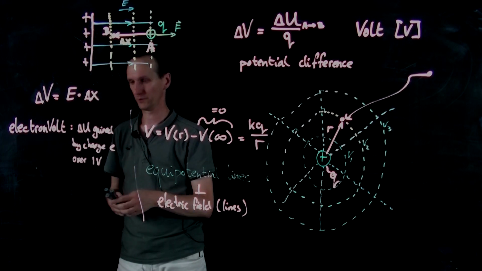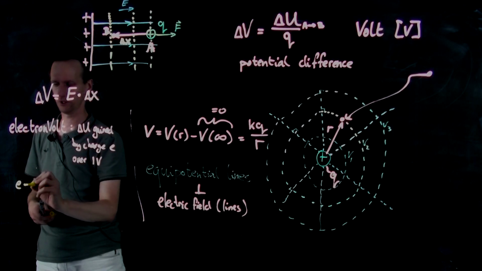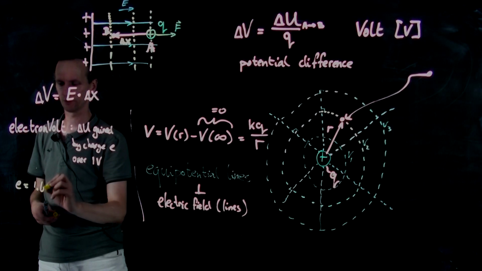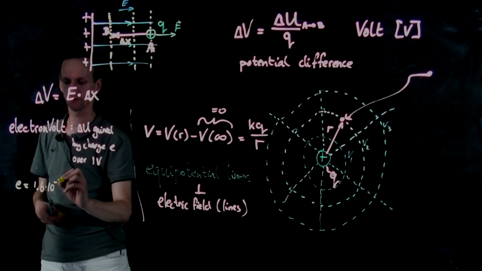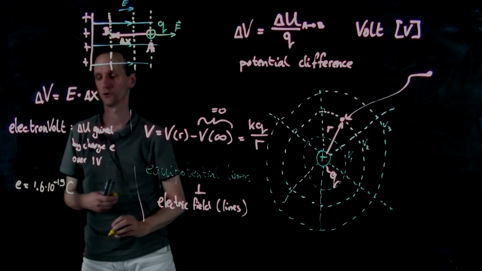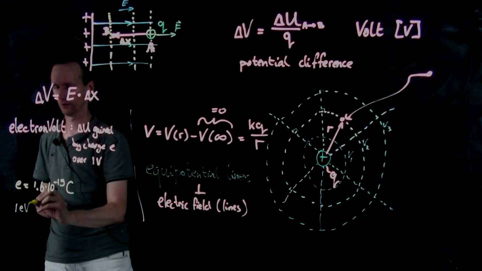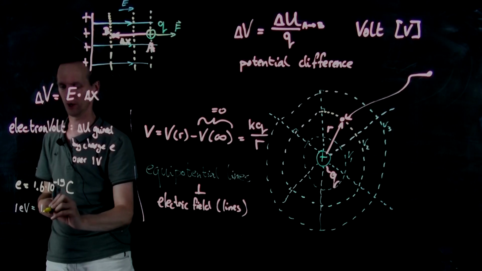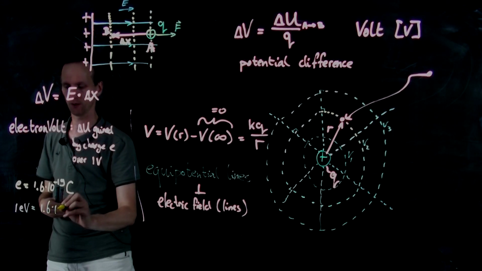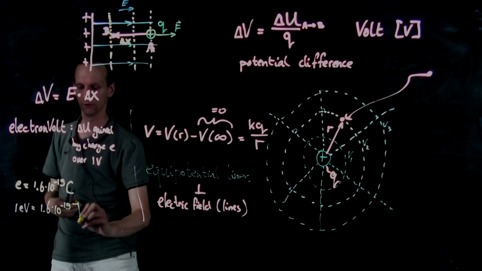So we know that the magnitude of e equals 1.6 times 10 to the minus 19 coulomb. So that makes 1 electron volt equal to 1.6 times 10 to the minus 19 joule.